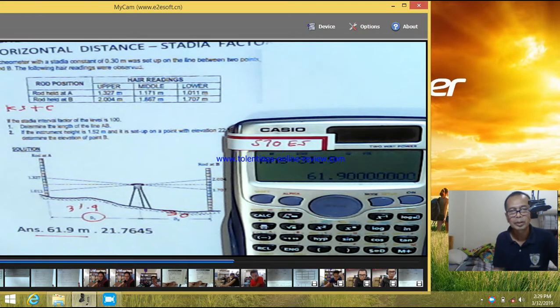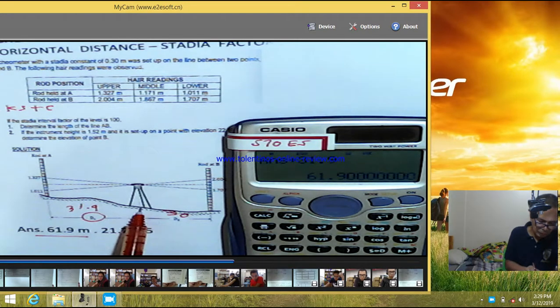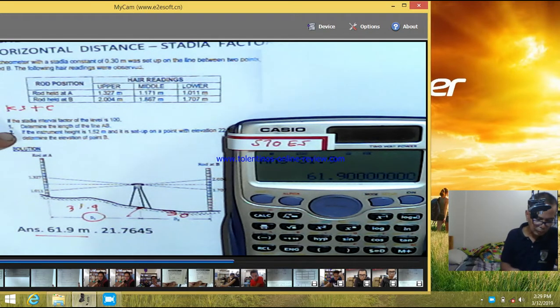Okay, 61.9. Eh given ako ng elevation at saka height. Anong elevation ng kung saan sinet up yung instrument? Elevation is 22.1.